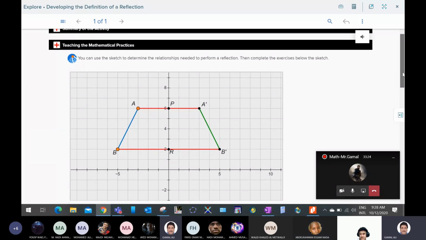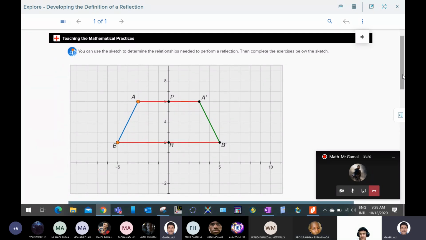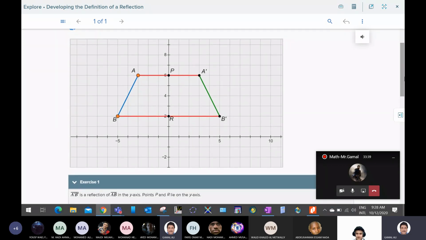Look at the figure, guys. Can you see it? Yes, we can see it. Use it to determine the relationships needed to perform reflection, then complete the exercises below. The reflection, like you see, this is the segment AB, and the vertical axis, the y-axis, is like the mirror.